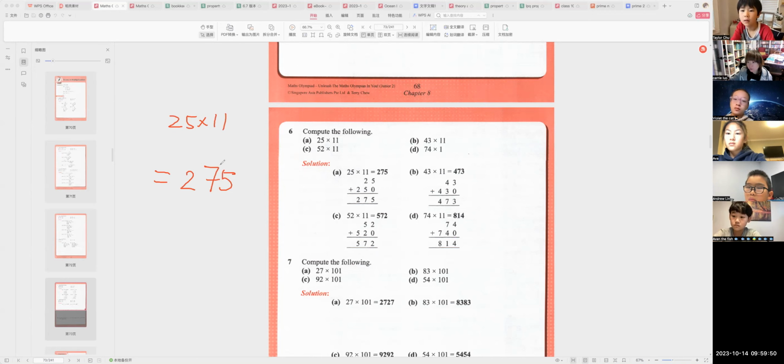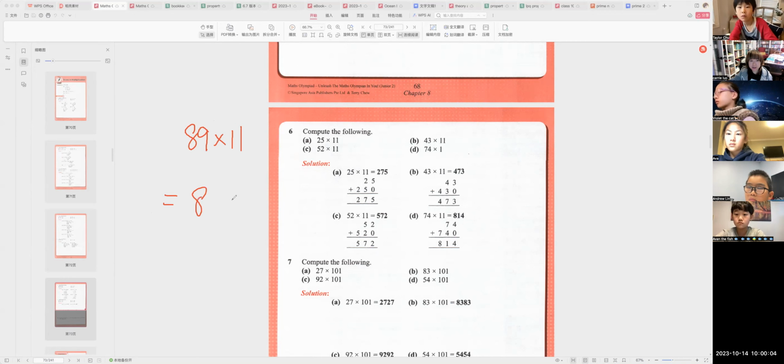Let's see, 43 times 11 equals what? 4 and 3, and the middle number is 4 plus 3, 7, so 473. But if I give you a number like 89 times 11, we have 8 and 9, but in between is 17. You put 7 and you carry over 1 here. So it's 979. Get it, everybody?